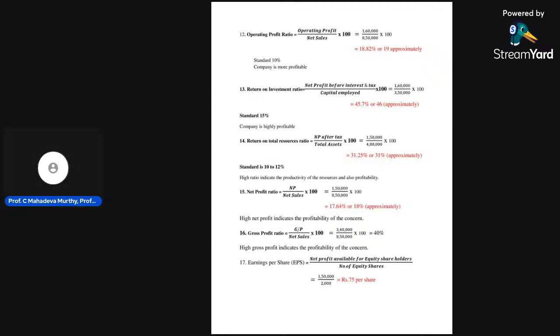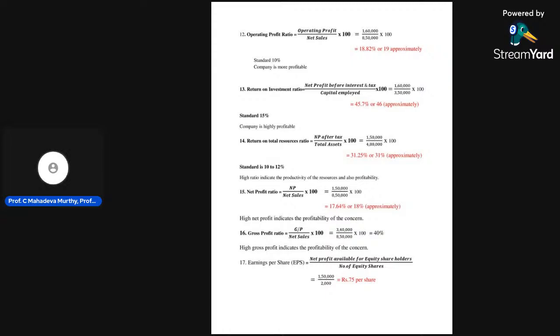Then the last one, EPS, earning per share. Earning per share is equal to net profit available for equity shareholders divided by number of equity shares. Net profit available for equity shareholders means profit less interest less preference dividend. In the problem, 1,50,000 is the net profit available for equity shareholders, divided by 2,000 shares, see the balance sheet.